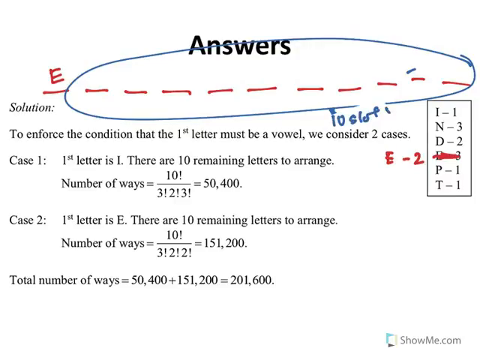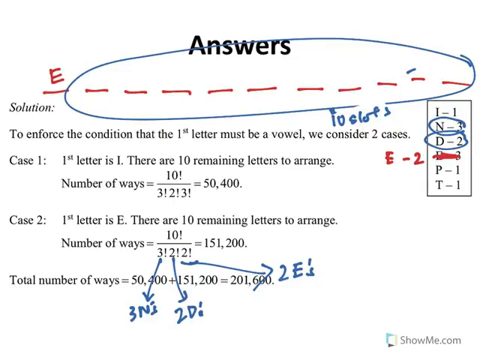Out of these 10 slots, arranging these 10 letters, we have 3 N's, we have 2 D's, and we have 2 E's. That's why our final answer comes out to be 151200, because 10 factorial divided by 3 factorial, 2 factorial, 2 factorial. How do I get the denominator? By considering the groups of identical letters that I have.